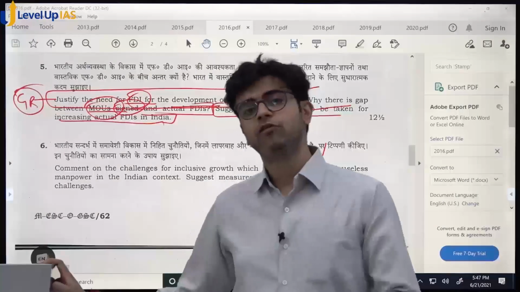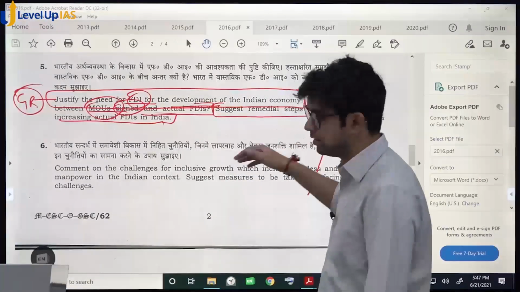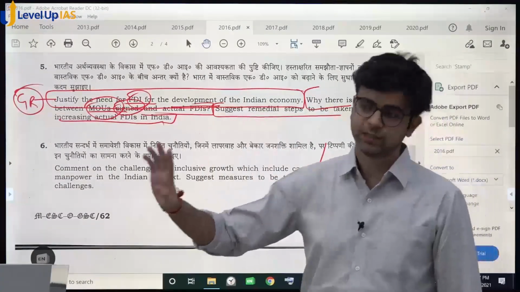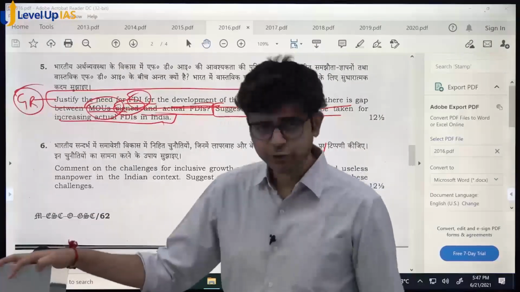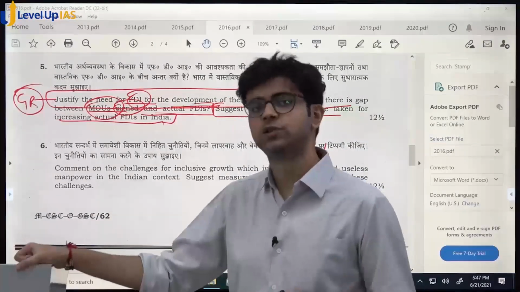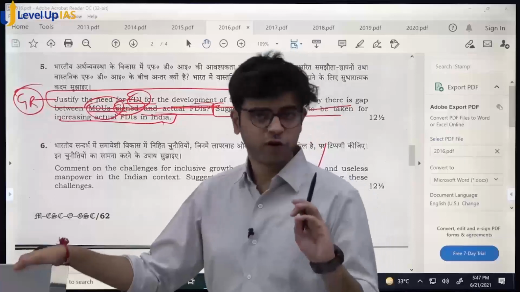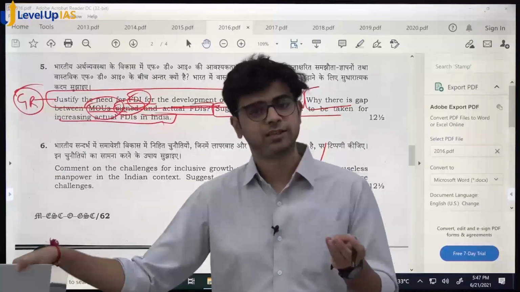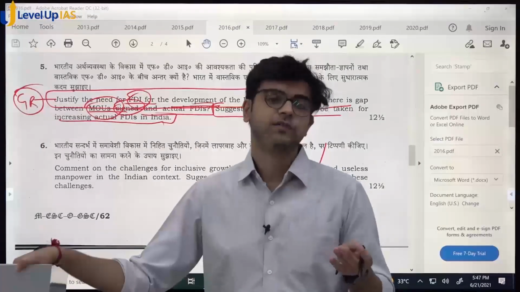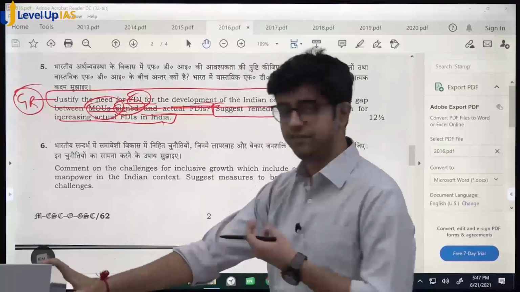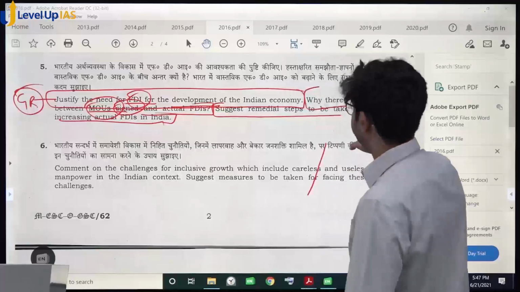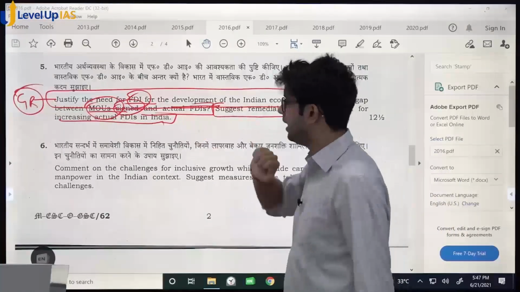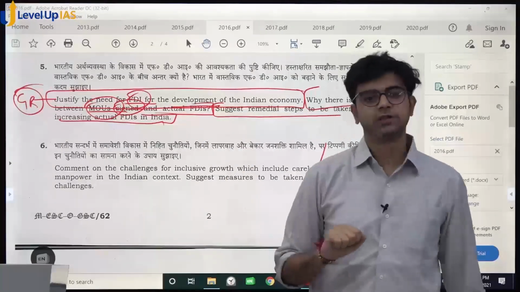Right? So now from the question, like I told you since the first question, we should take content from the questions also. So we have seen question on informalization. We have seen that globalization affects the formal sector economy. We have seen question on FDI now, that there is a gap between actual FDI and MOUs signed.